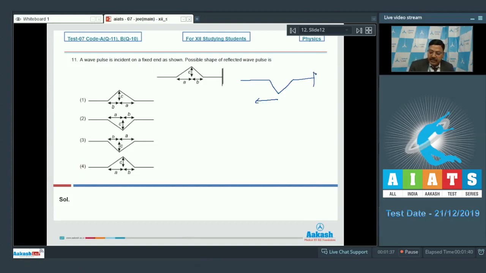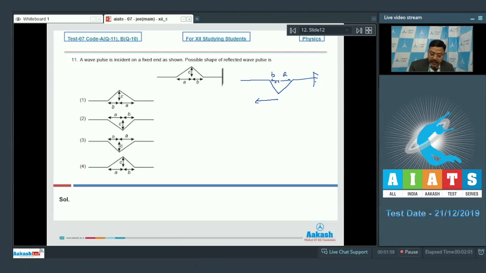It has been reflected at a fixed end. So obviously this part has got reflected first, right? So that means in the reflected pulse, this dimension will be B and this dimension will be A.